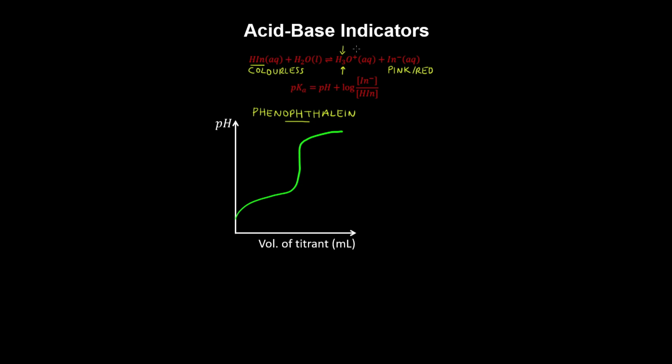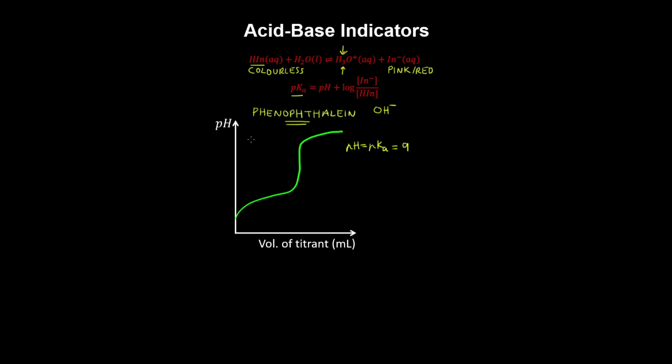Whereas in a basic environment, the excess hydroxides react with hydronium, thereby reducing the concentration, and the equilibrium shifts to the right. So the indicator basically changes colour when the pH is equal to pKa. And in the case of this indicator, that's equal to around 9.